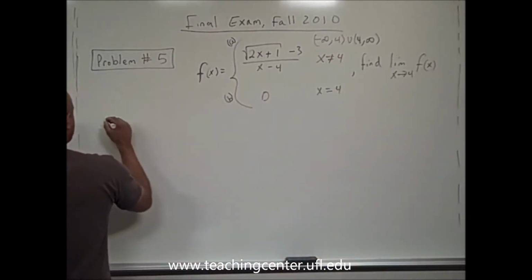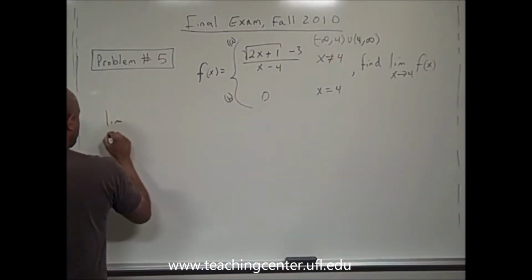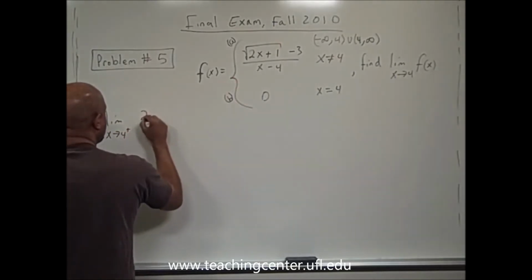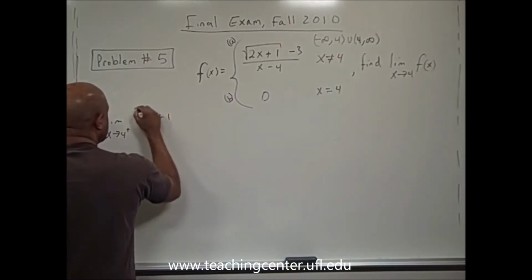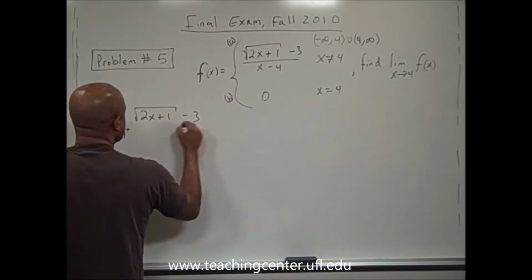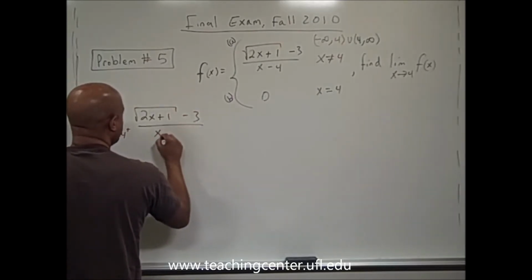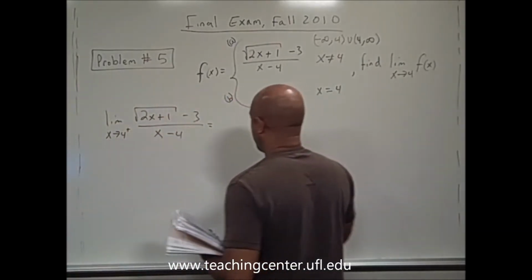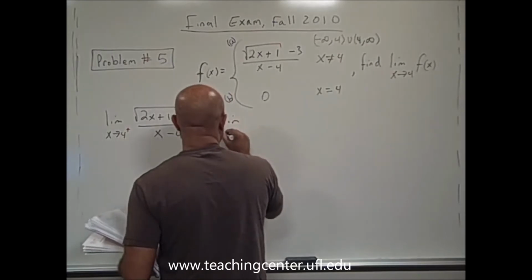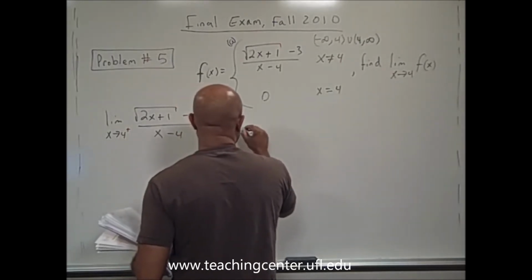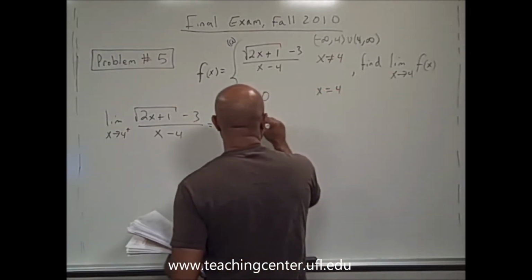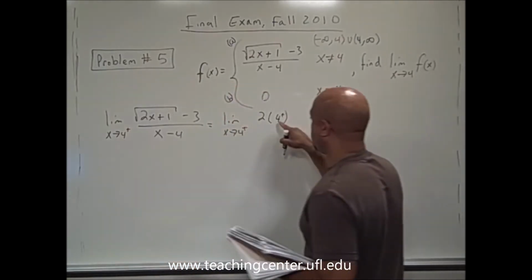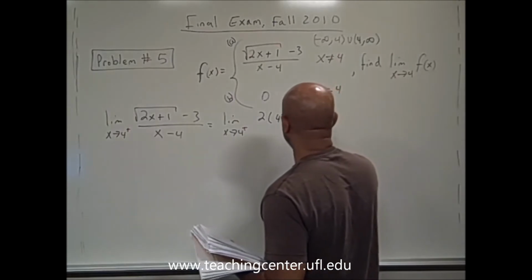Let's do that. Let's take the limit as x approaches 4 from the right of the square root of 2x plus 1 minus 3, divided by x minus 4. And we get direct substitution, limit as x approaches 4 from the right of 2 times some number that's not equal to 4 but slightly bigger than 4.